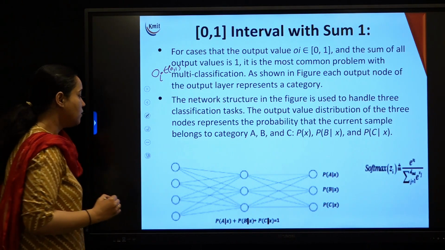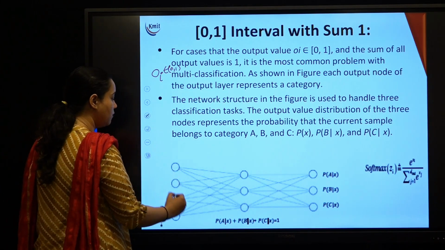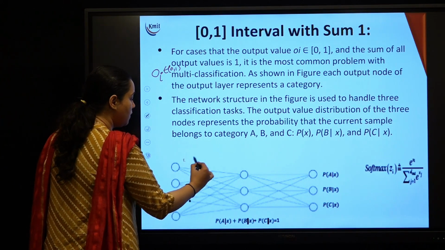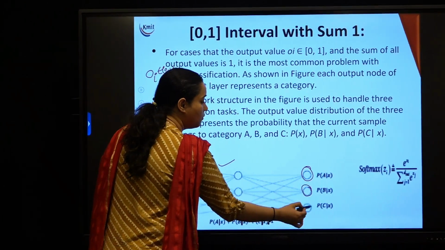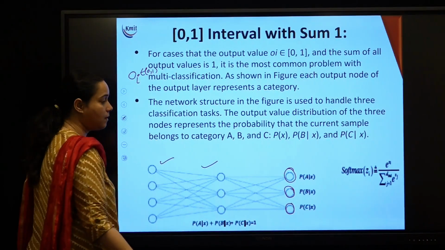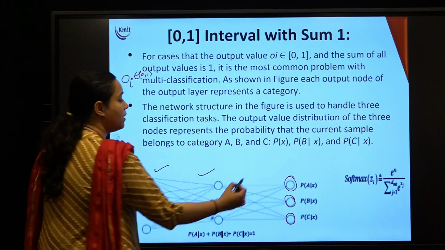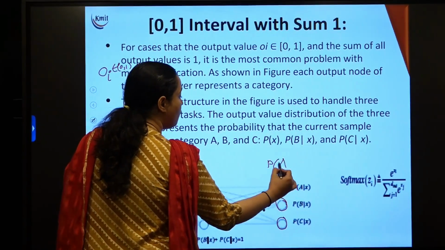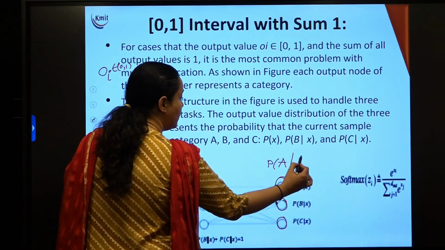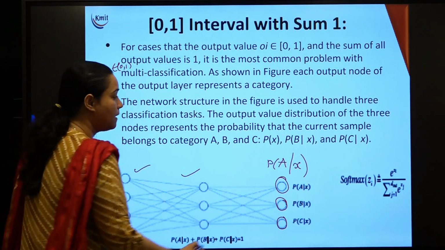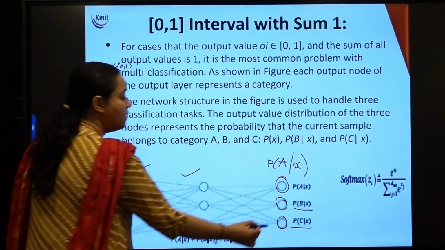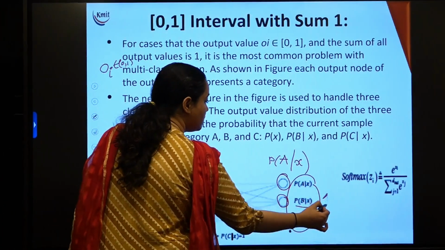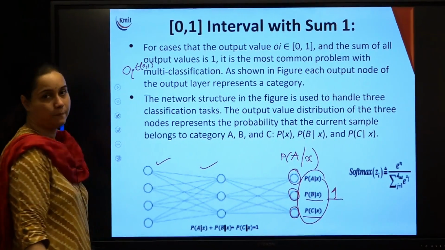For this, you are going to use a function like this. You have your input layers, hidden layers, and based on how many categories, that many nodes you keep in the output layer. Here I am choosing 3 categories. So it is the probability of output being A conditioned on input X, similarly the probability of output being B and the probability of output being C. When you add these probabilities, of course, the sum is going to give you 1, right?